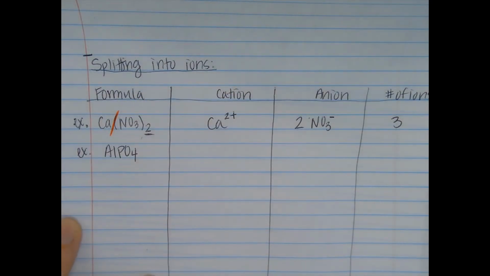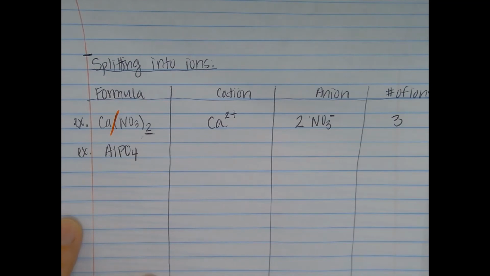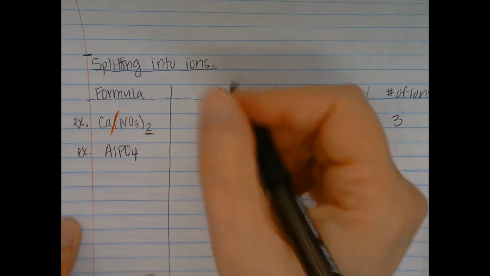AlPO4. Okay, well, there's no parentheses here. But is there something we are familiar with? Do we already know about aluminum? Yeah. Okay, well, Al is that first element. So I know that Al aluminum is my cation.